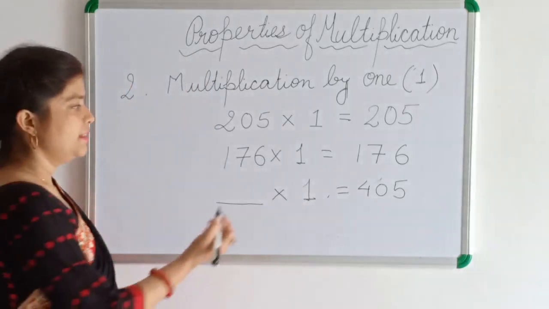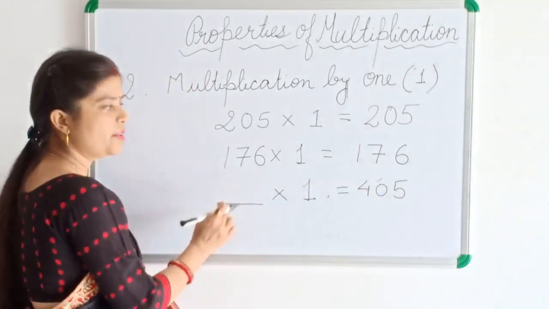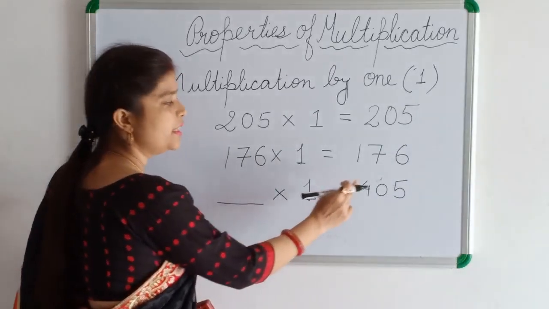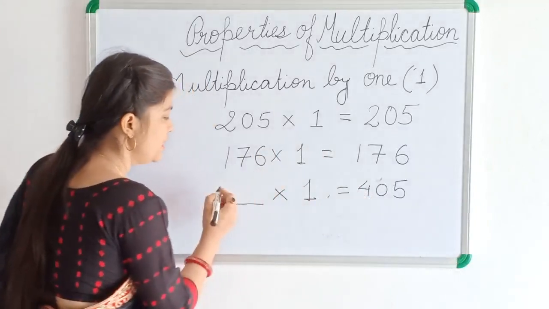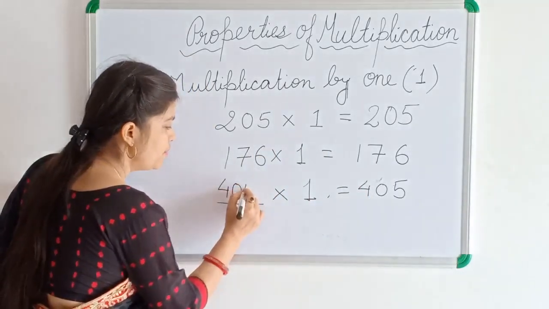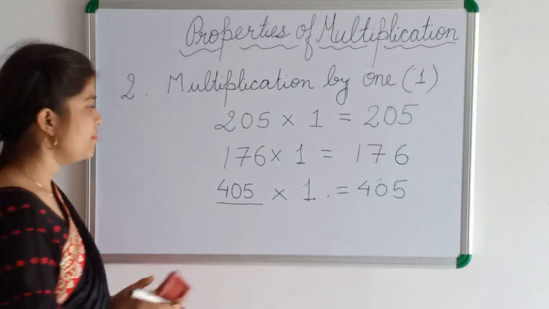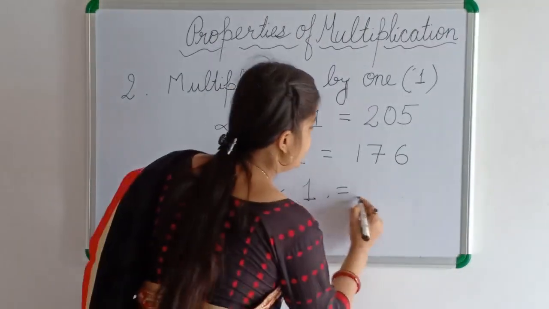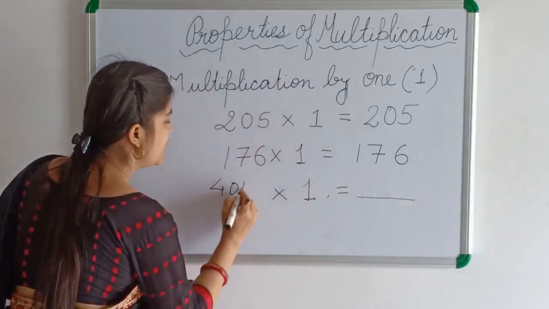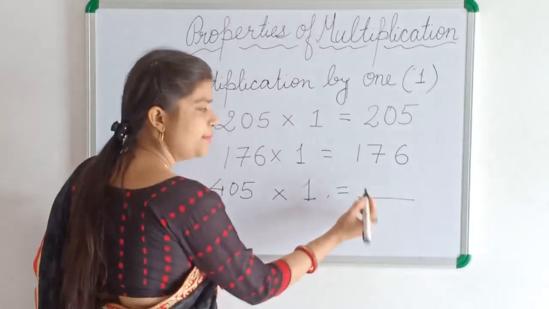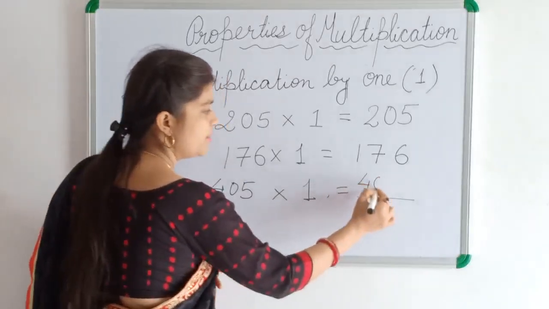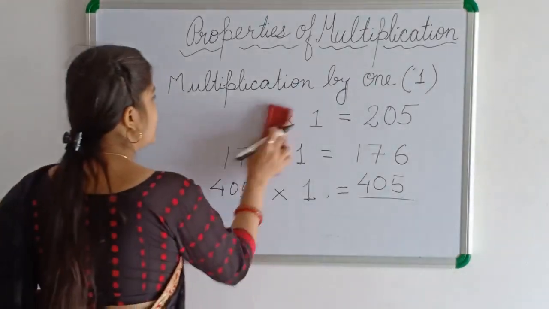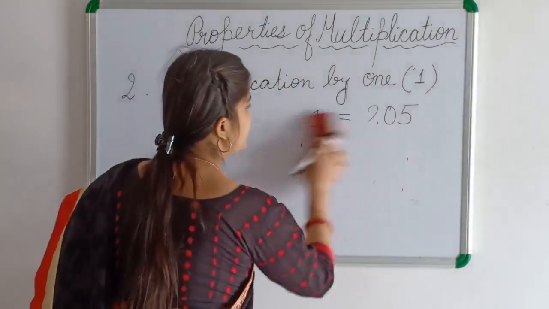It will be the number itself, because when any number is multiplied by 1, the product is the number itself. So in the fill in the blanks it will be 405. And if there is a fill in the blanks, 405 into 1 is equal to what? It will be the same number, 405.